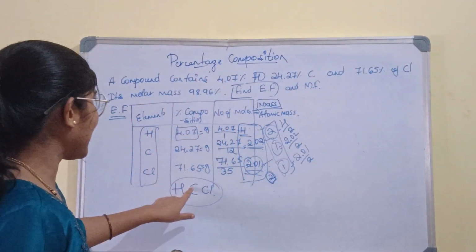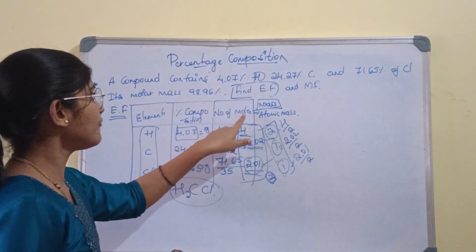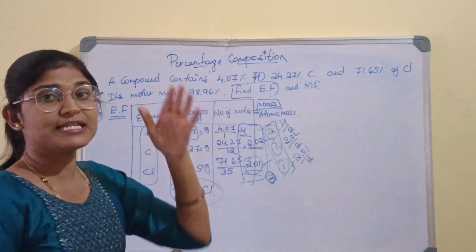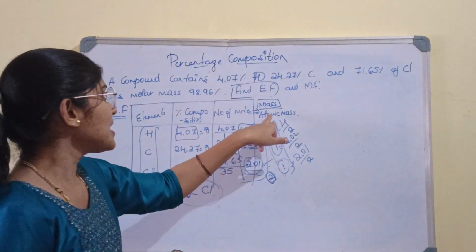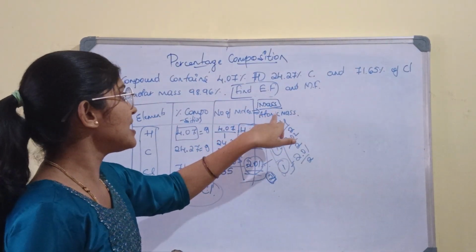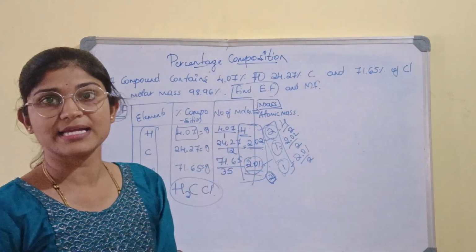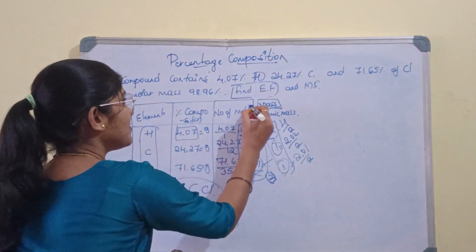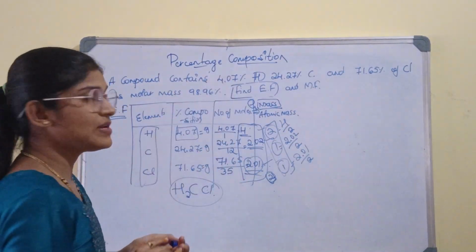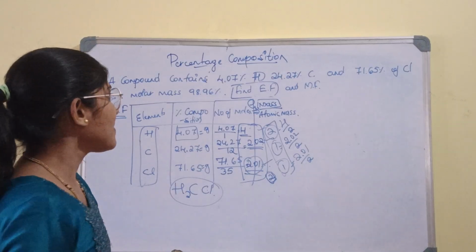So this is grams. Next, number of moles. To calculate the number of moles, we have a formula: given mass divided by atomic mass.